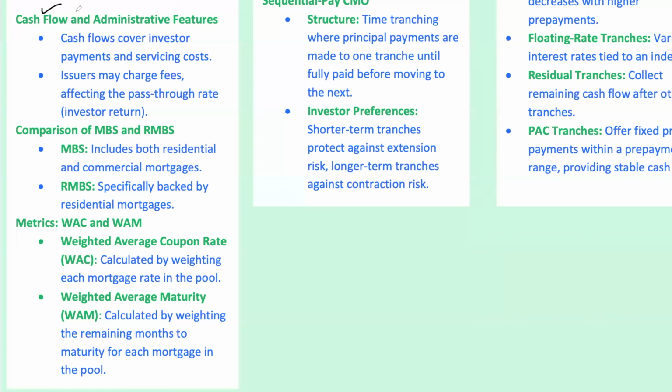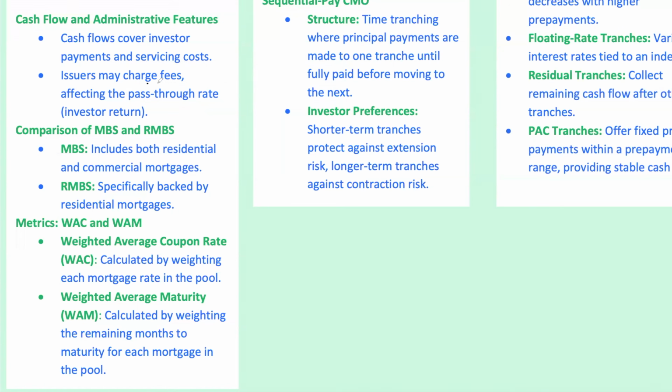The cash flow generated by these securities goes not only to investors, but also covers servicing costs, which include expenses for collecting payments, managing records, and handling foreclosures. Issuers might also charge fees for guaranteeing the security. For investors, this means the pass-through rate, or net coupon, is slightly lower than the weighted average mortgage rate due to administrative fees.